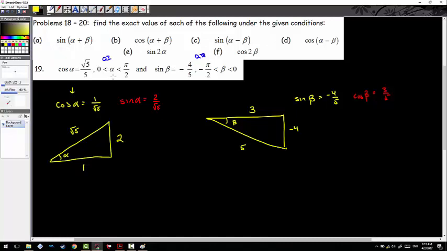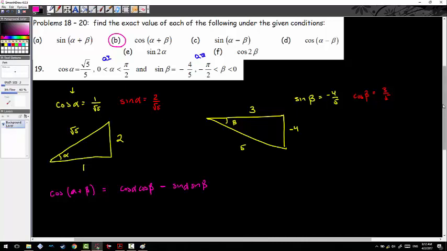So, let's pick one. Why don't we pick B to knock out first. So if I wanted to evaluate cosine of alpha plus beta, I'm going to look at expanding this out exactly as I know it. I know it's cosine alpha cosine beta minus sine alpha sine beta.